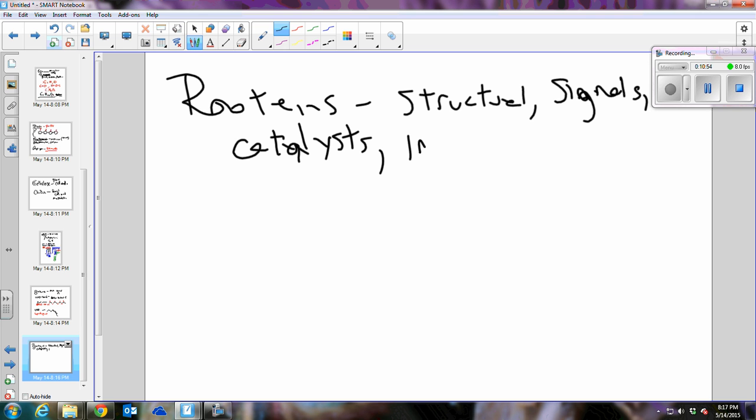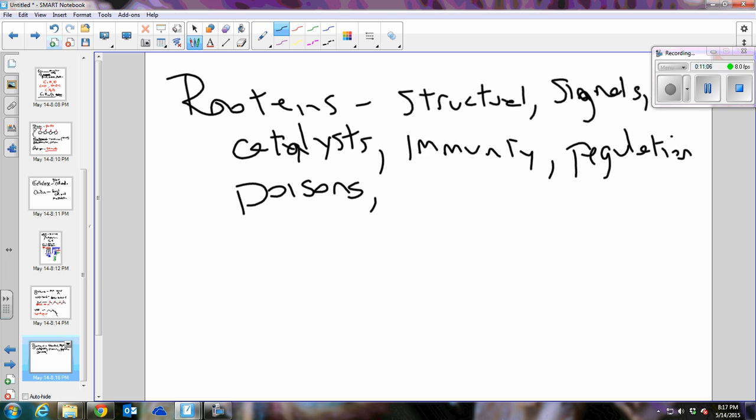They act in immunity, in the regulation of body processes, so homeostasis. Some animals use them as poisons or venoms, and also in transport of things across the membrane, like a transport protein. Lots of functions.